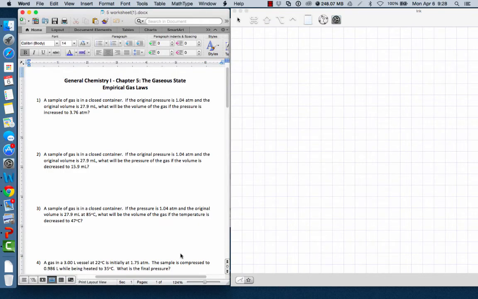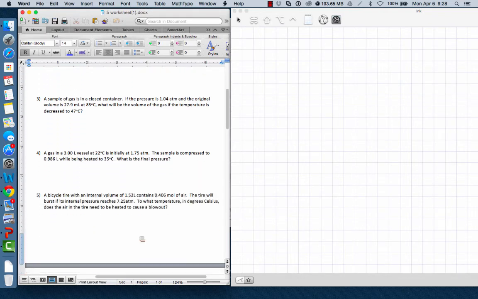Okay, so let's do a sample problem from the worksheet. Let's do number 4. A gas in a 3.00 liter vessel at 22 degrees C. This one we're going to do right here that I'm highlighting. The way we have to set this up, we need to figure out which law to use.